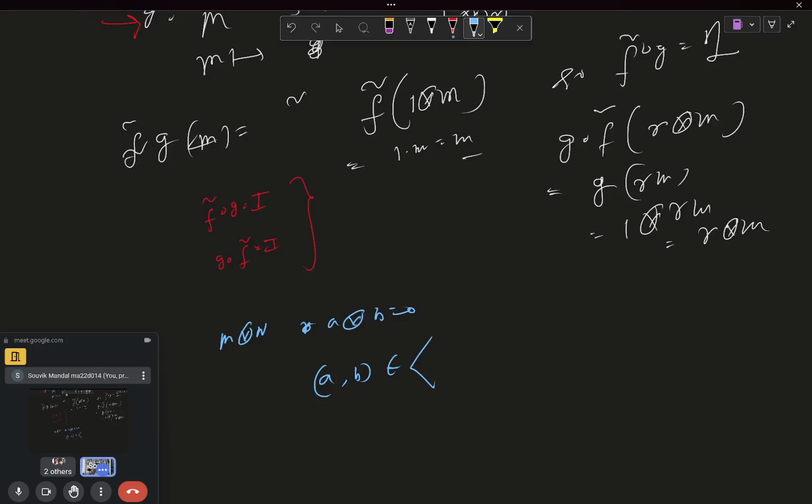There are four relations, and we are taking the quotient by that submodule, so (a, b) belongs to that submodule D. That's why it is difficult to check what a tensor b actually is. In a particular problem it may be easy, but in general it is difficult. So in tensor modules, we usually try to avoid checking whether the kernel is zero, and that is why you need to consider the reverse function also.